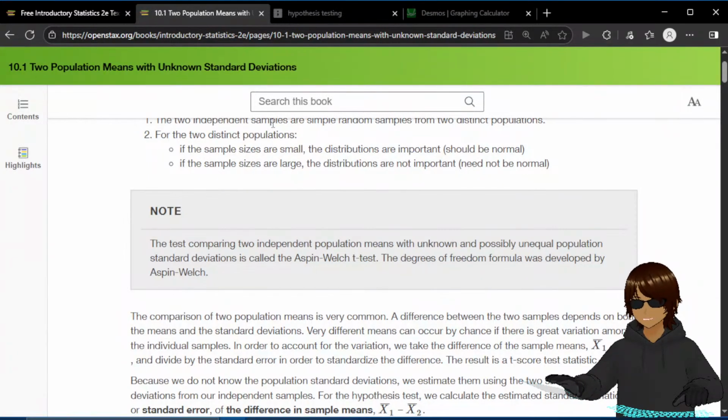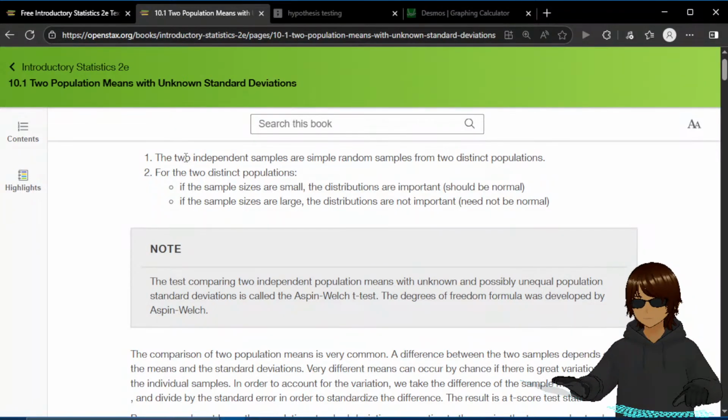The two independent samples are simple random samples from two distinct populations. For the two distinct populations, if the sample sizes are small, the distributions are important and should be normal. If the sample sizes are large, the distributions are not important and need not be normal.